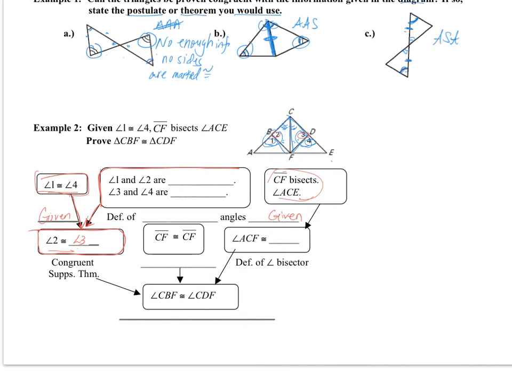So I'm going to create another box here and say angle 1 and angle 2 are supplements, and angle 3 and angle 4 are supplements. Therefore, by the congruent supplements theorem, angle 2 is congruent to angle 3. So here, the reason for this one would be the definition of supplementary angles.